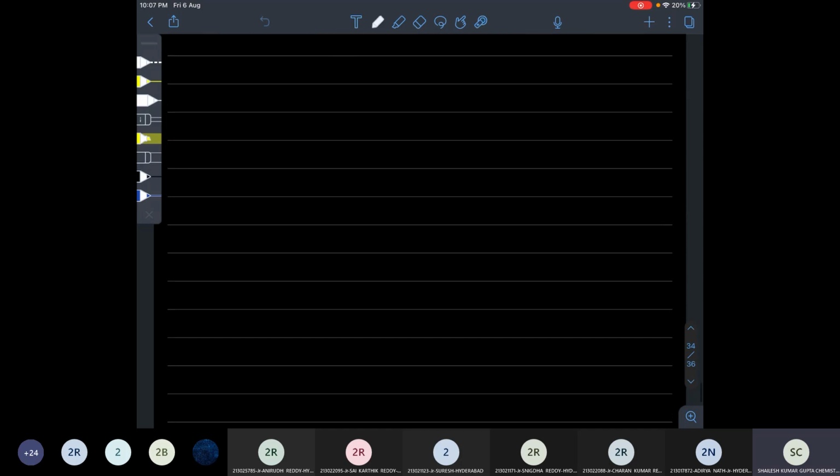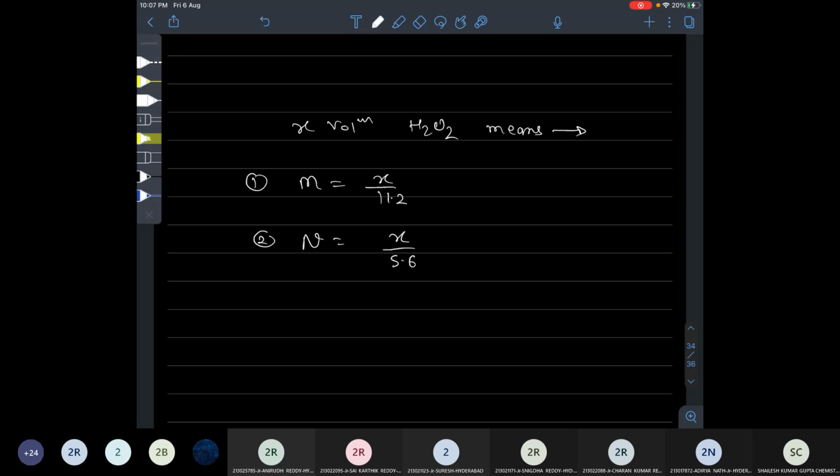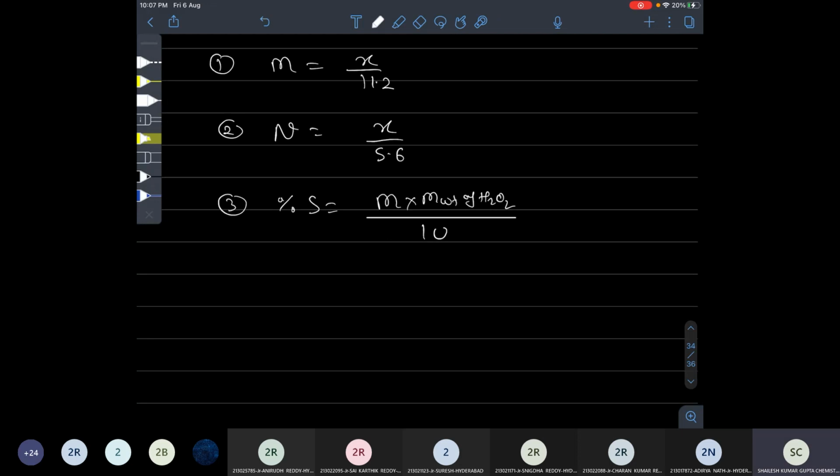Here, as I told you about X volume H2O2 means, point number 1, I will write here, molarity is X upon 11.2, normality is X upon 5.6, third, percentage strength, as I told you, molarity into molar weight of H2O2 whole divided by 10.